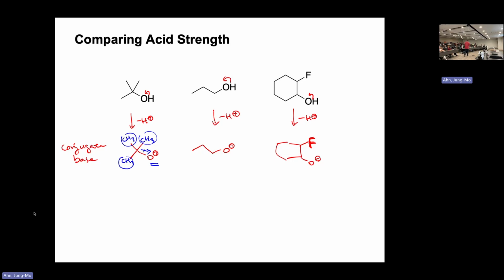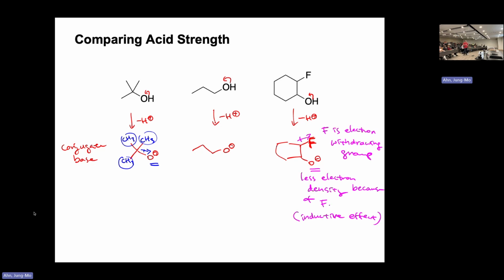What else in the structure of the molecule can influence that? So this is where some other thing can help. Fluorine. Having fluorine nearby to the oxygen, which is negatively charged, can help the molecule being stabilized.